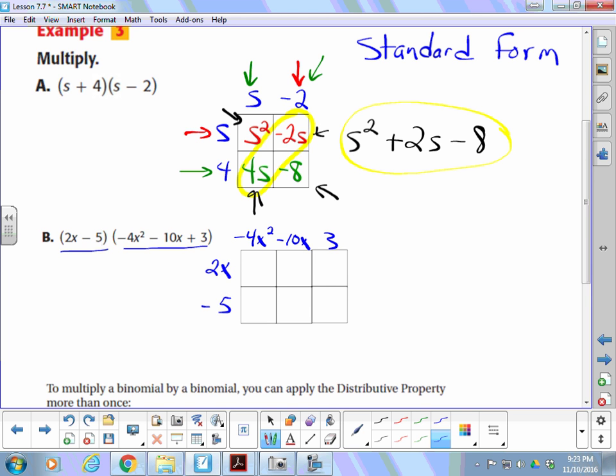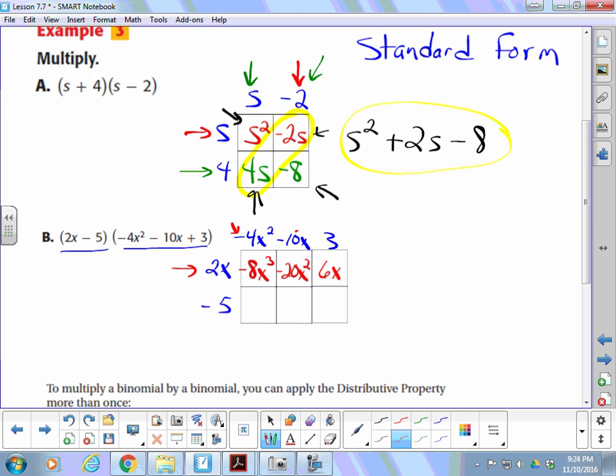Now we're going to multiply each row by each column. So we take 2x times negative 4x squared, we get negative 8x to the third power. Remember, when we're multiplying, same base, we keep that base and add the exponents. Then 2x times negative 10x is negative 20x squared. And 2x times 3 is 6x.